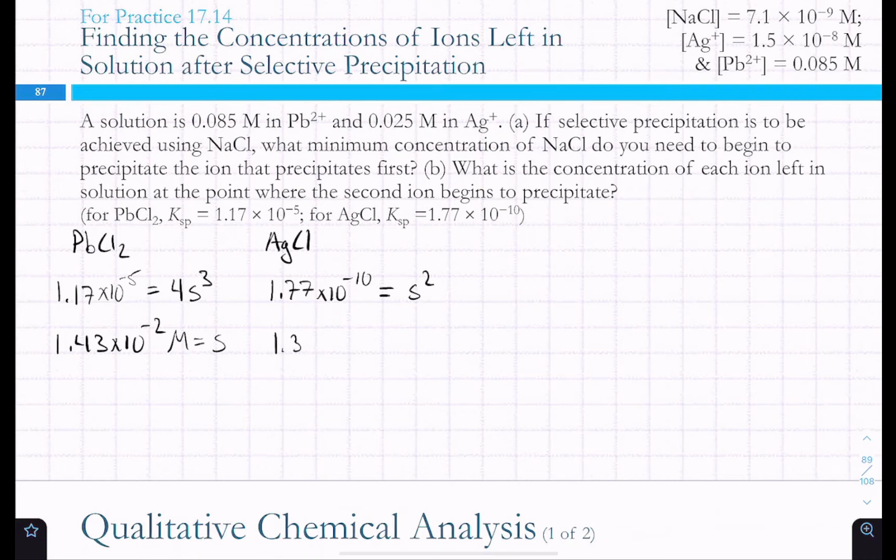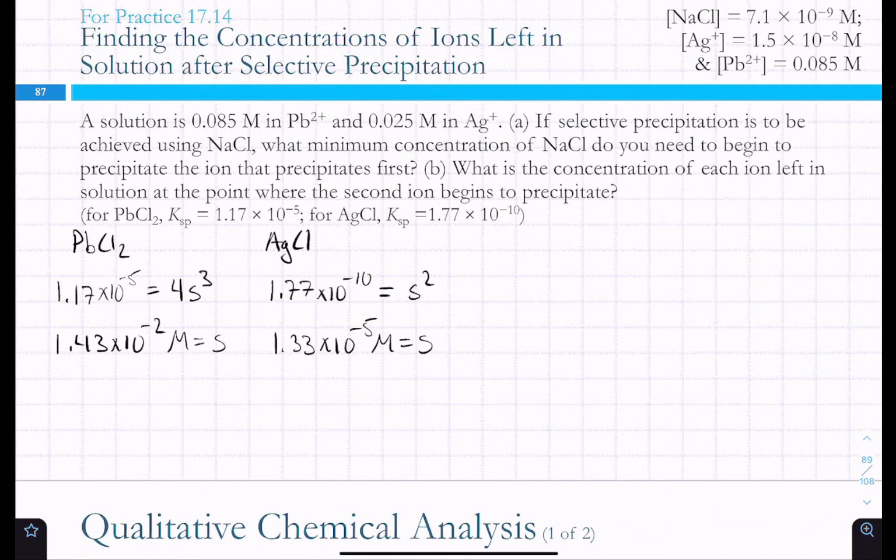This is 1.33 times 10 to the minus 5. And oh, would you look at that? Silver chloride is still less soluble. Okay, so we've identified silver chloride is going to precipitate first.